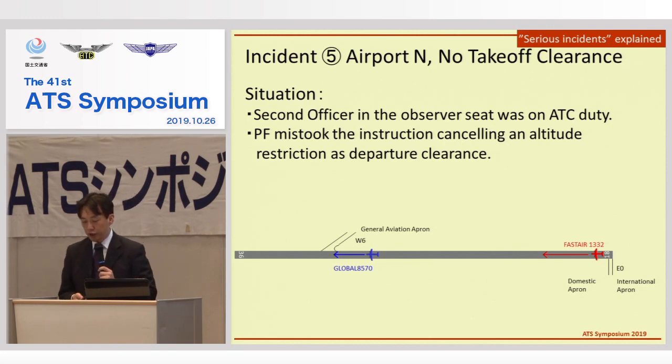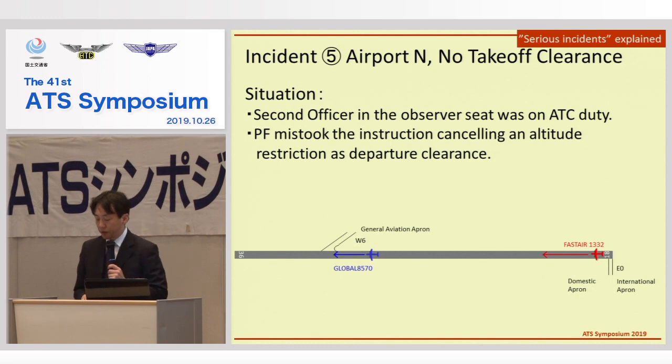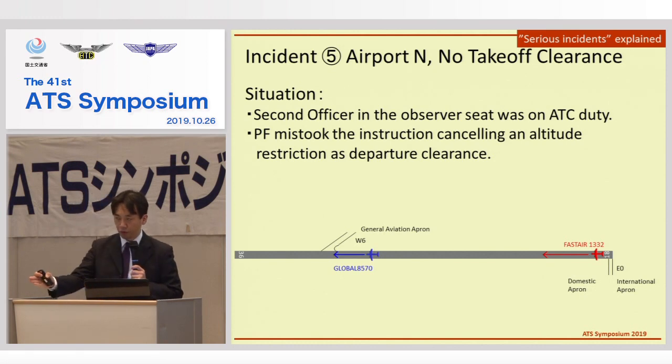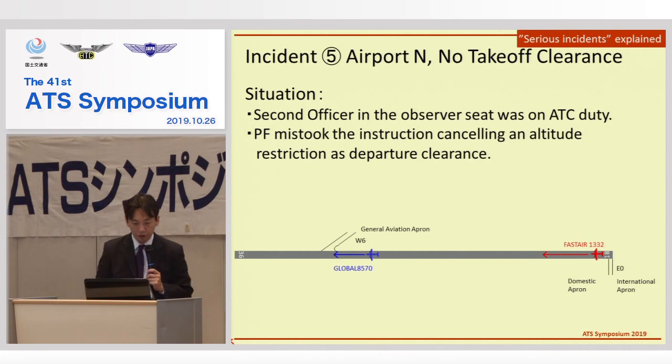The controller issued a clearance to cancel the altitude restriction previously imposed on Fast F1332. Then the pilot flying, the captain, suddenly released the brake, applied takeoff thrust, and started the takeoff roll without receiving a takeoff clearance. There was still an arrival aircraft on the runway, Global 8570.